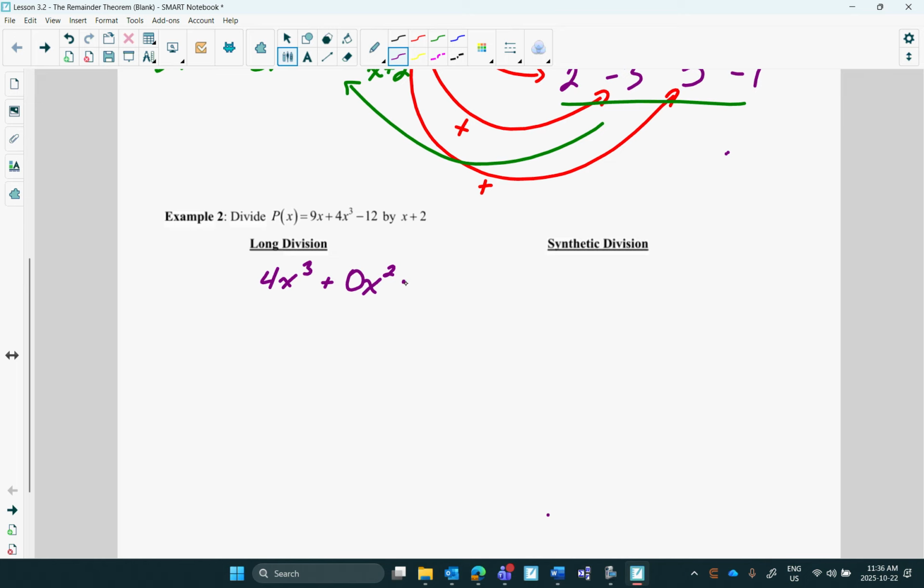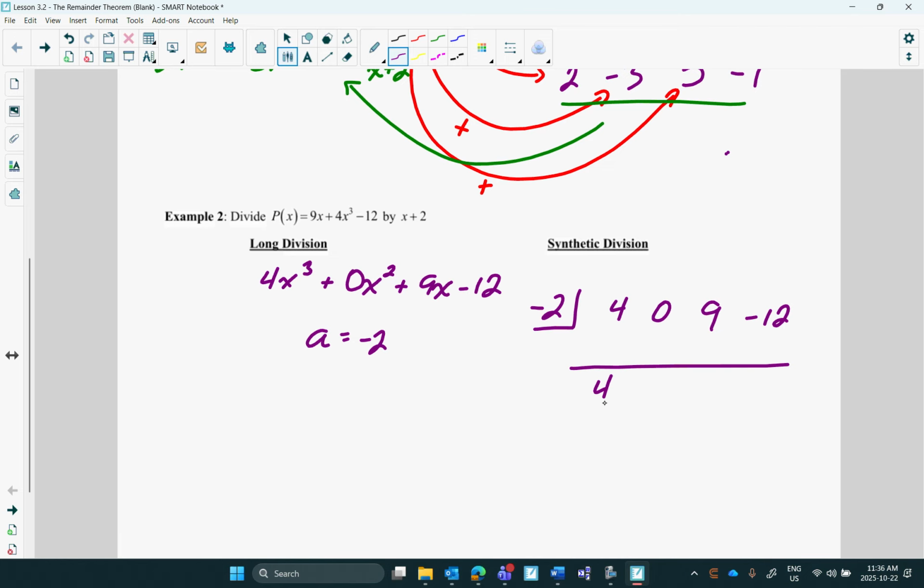And then the x term, which is 9, and then the constant. And remember, since we're dividing by x plus 2, once again, a is going to be -2. So here's everything we need. So we've got -2, and then 4, 0, 9, -12. Drop the first one, and then it's a series of multiplying and adding.